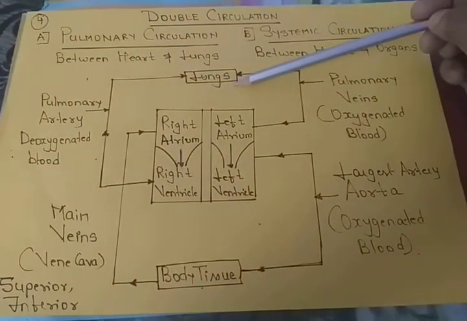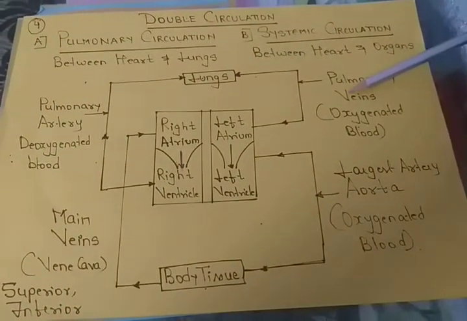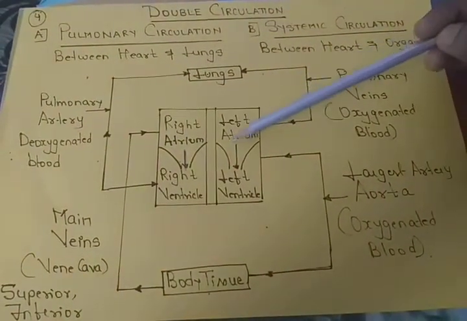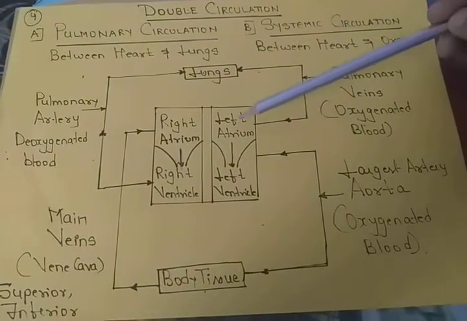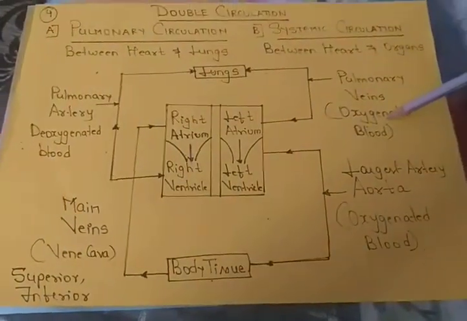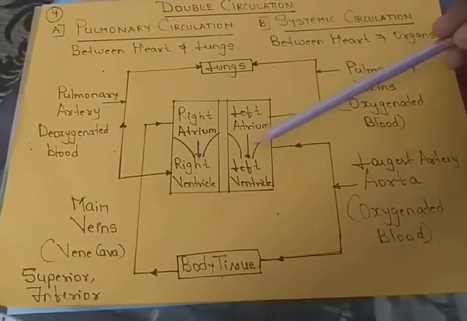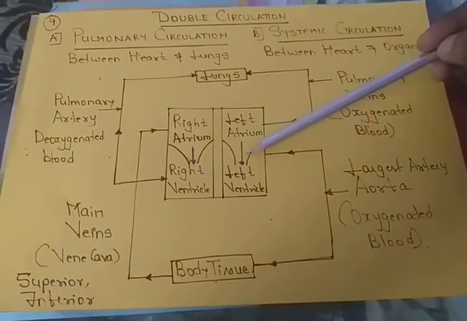Now this oxygenated blood is taken by the pulmonary vein and poured into the left auricle. From the left auricle, the blood, which type of blood now? Oxygenated blood, enters into the left ventricle with the help of the bicuspid valve.